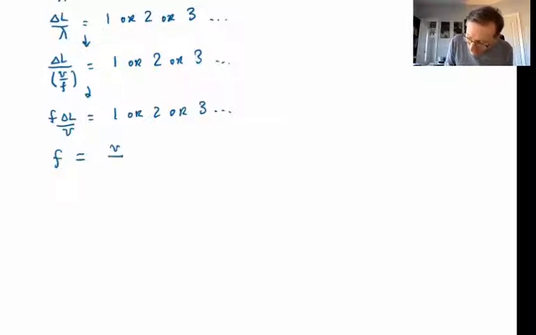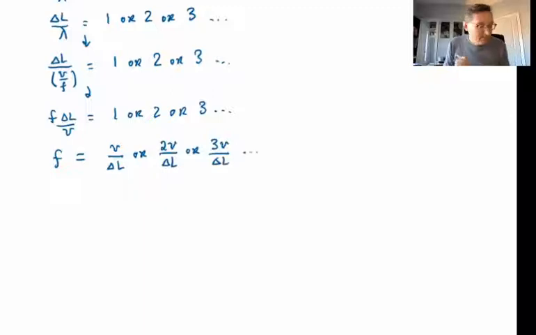The first one will be V over delta L. The next one will be 2V over delta L. The next one will be 3V over delta L, dot, dot, dot.